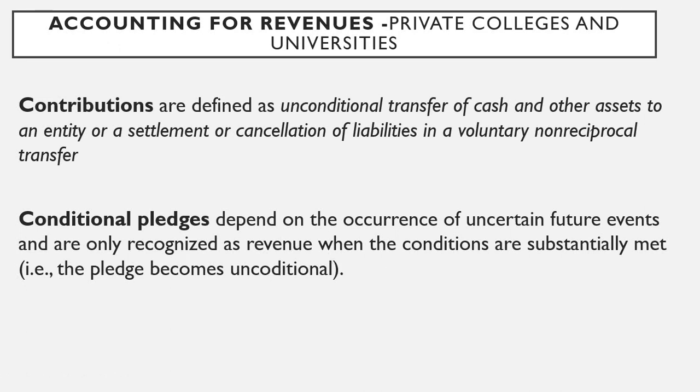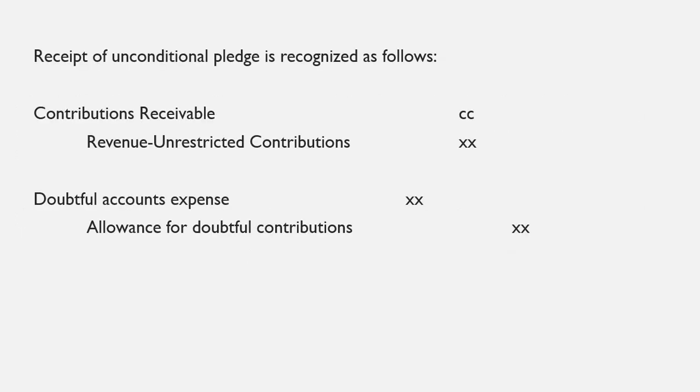In this case, what the would-be resource provider promised only materializes when the condition specified in the pledge is substantially met, only at such time that the pledge becomes unconditional.